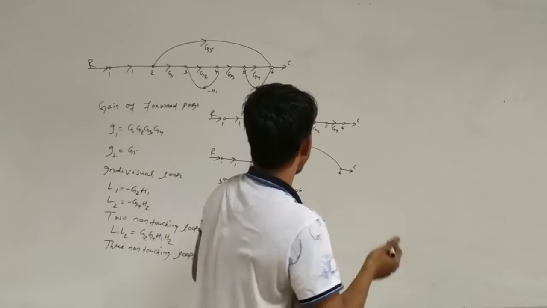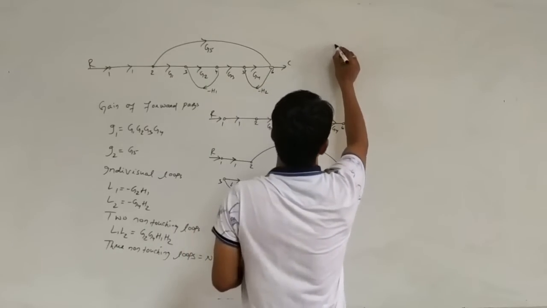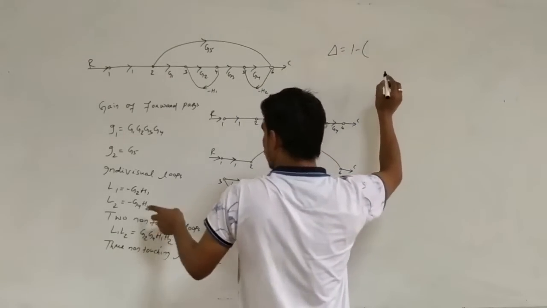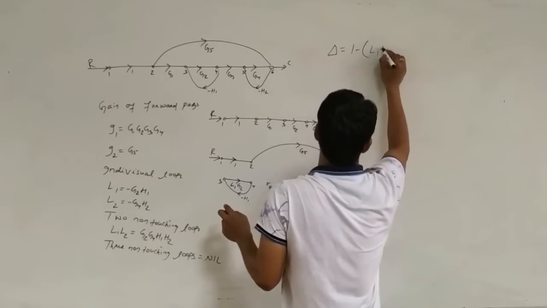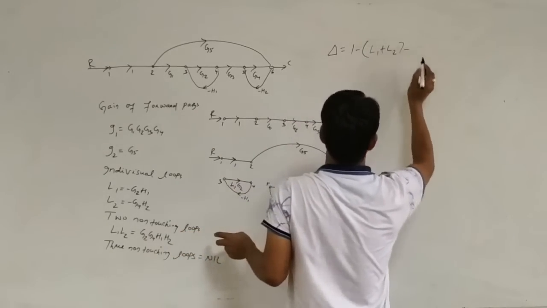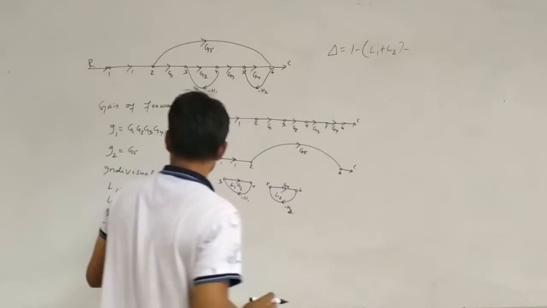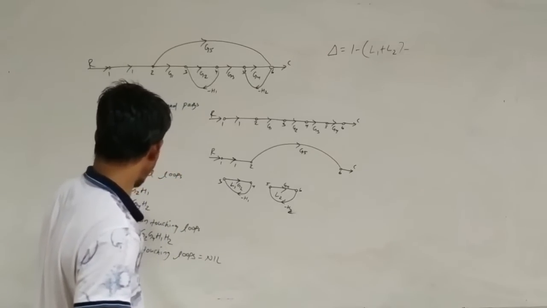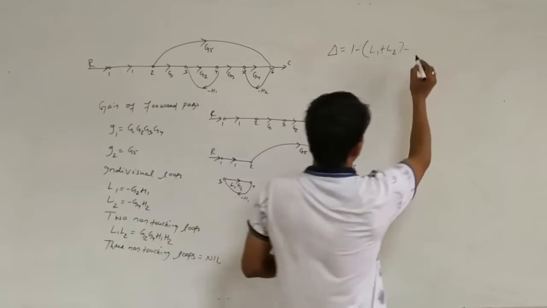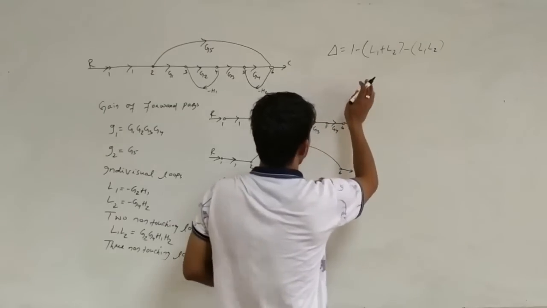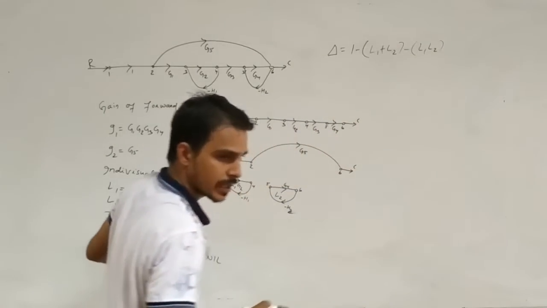So delta equal to 1 minus the sum of individual loops, that is L1 plus L2, minus, hmm, plus the sum of all possible gain products of two non-touching loops. So two non-touching loops, that is L1 L2.